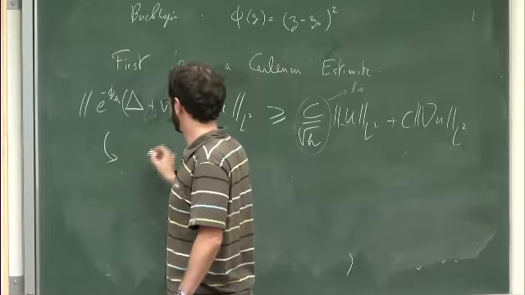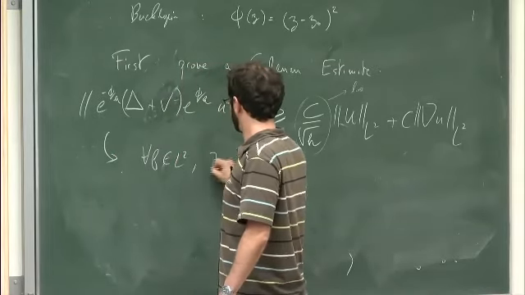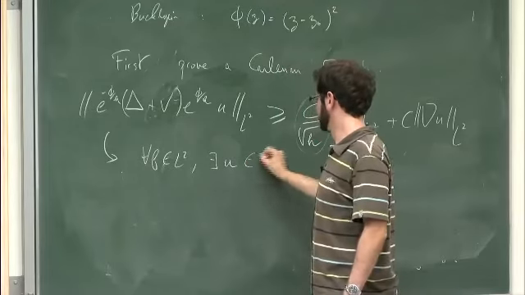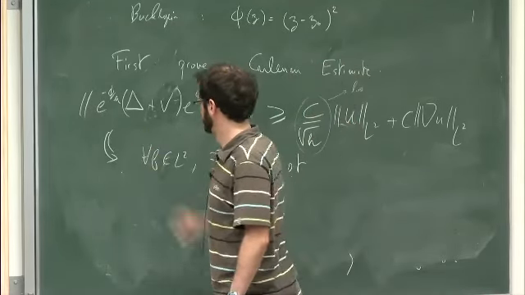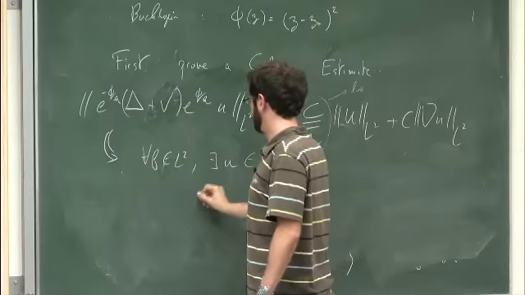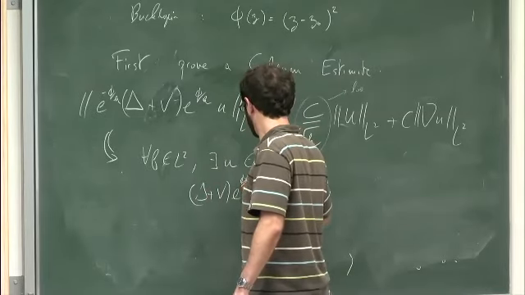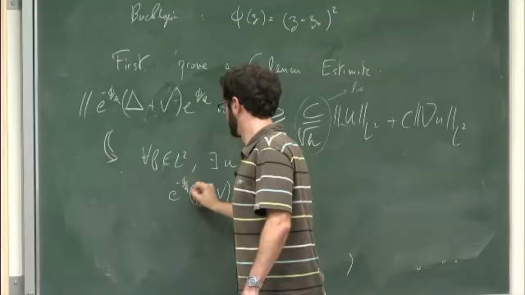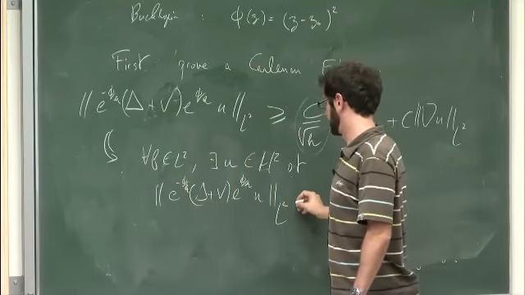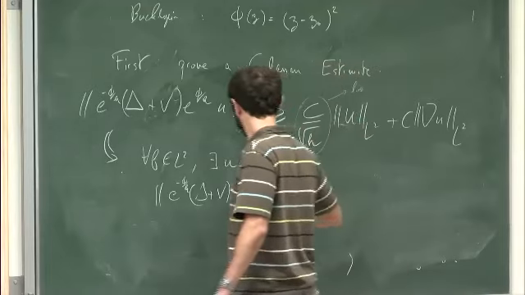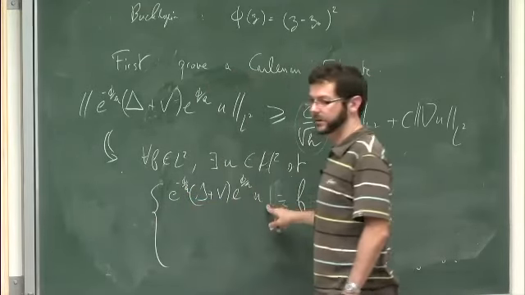So this implies that for any f, let's say in L2, there exists u in H2 actually, such that this operator applied to u equals f, and in addition you get an estimate on u.